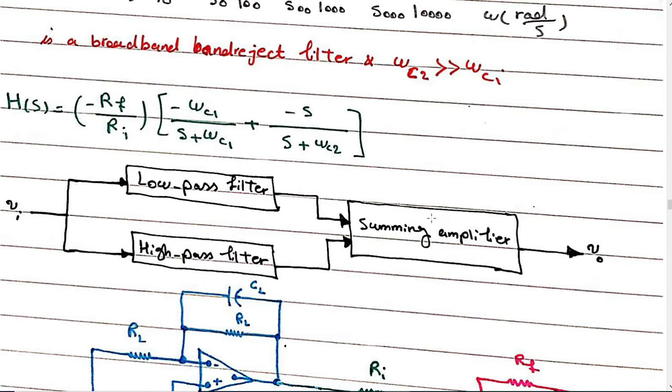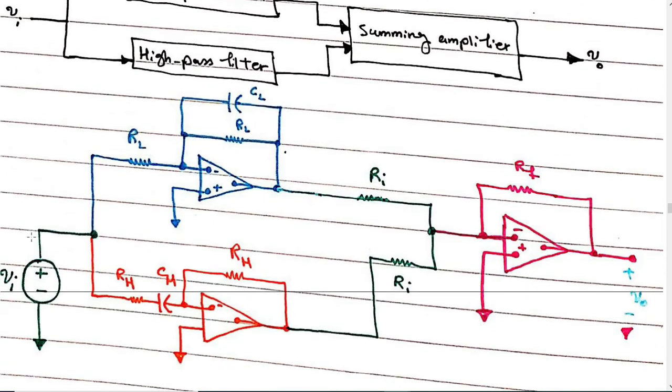So what is the transfer function for this circuit? Vout over Vi. How do you calculate the relation between the output voltage and the input voltage? For example, we have this circuit.